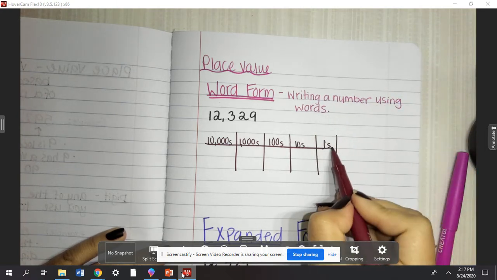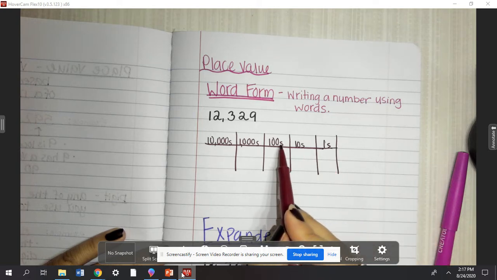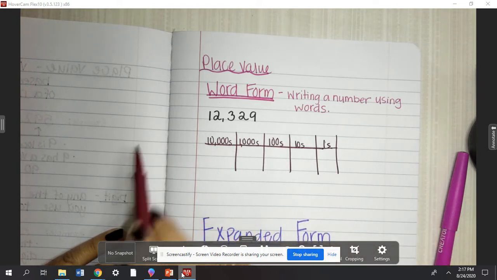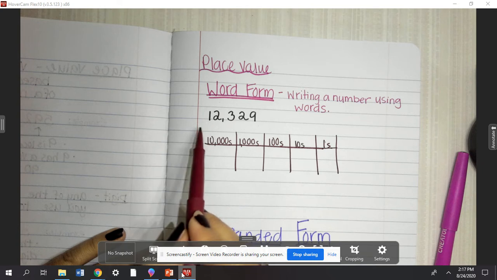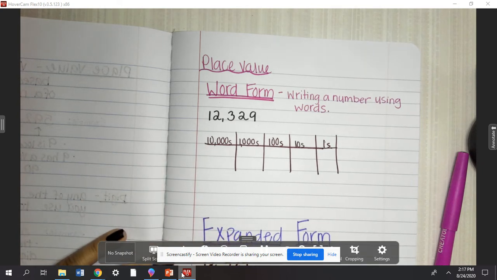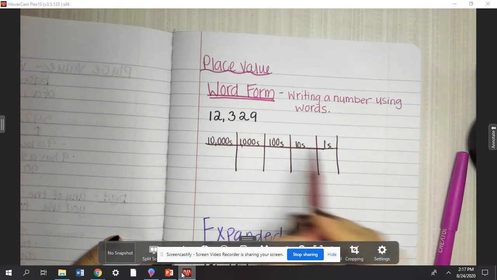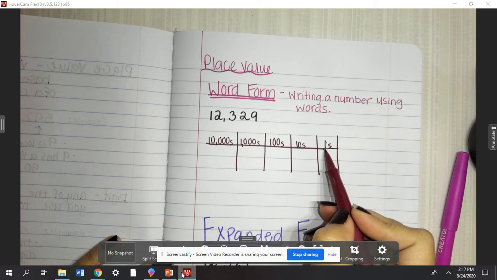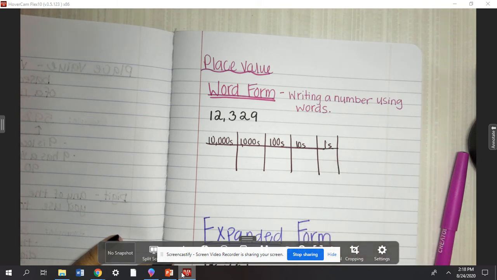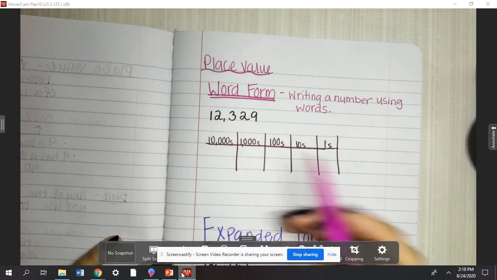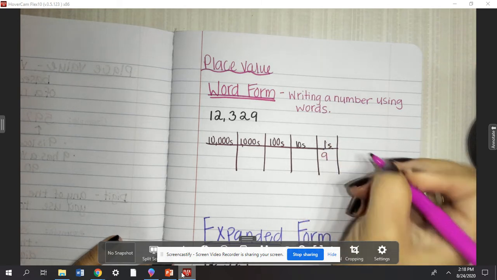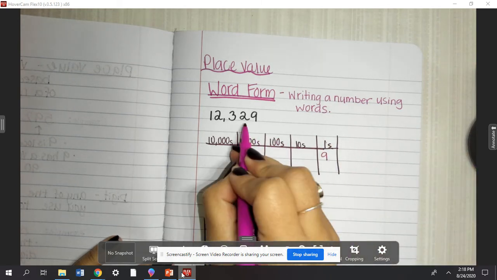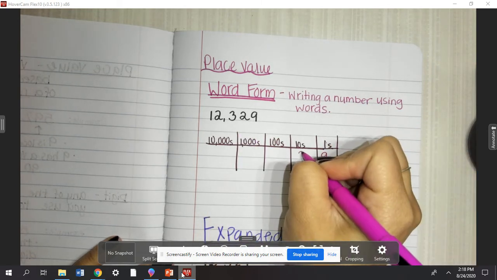So you'll start to notice a pattern every time we move to the next place value. I'm going to look here and ask myself how many ones do I have in the ones place? If I look there, I know I have 9. Tens place, how many tens do I have? I have 2.